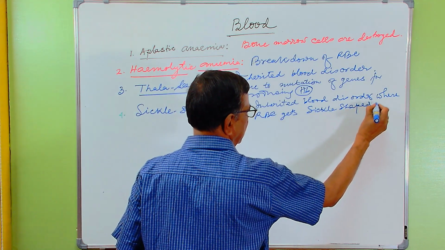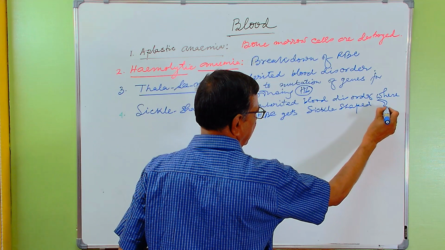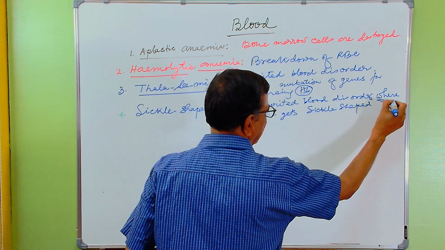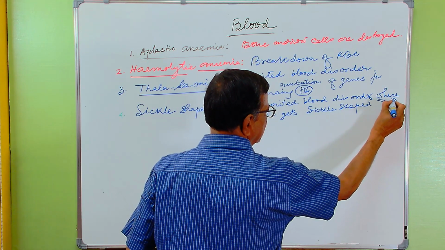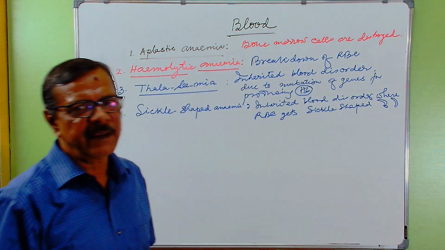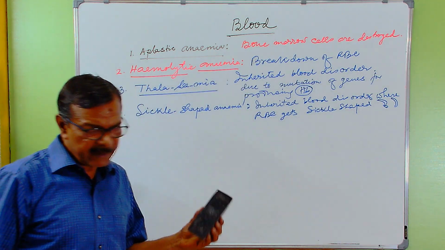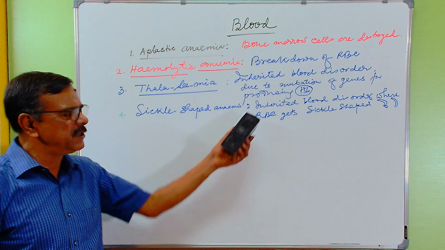If you write it in this way, it becomes like this also. This is sickle cell anemia. It is prevalent in African countries. It is also a gene disorder.